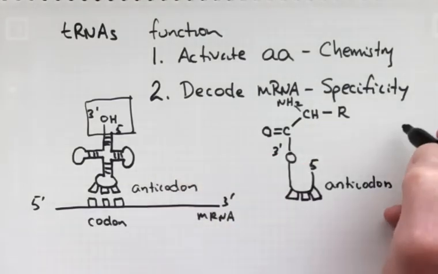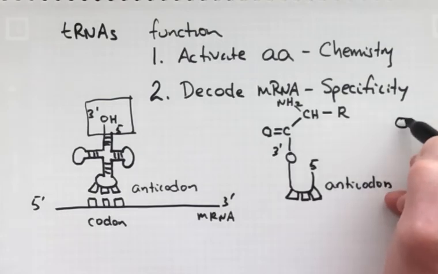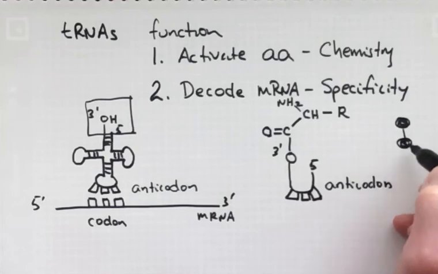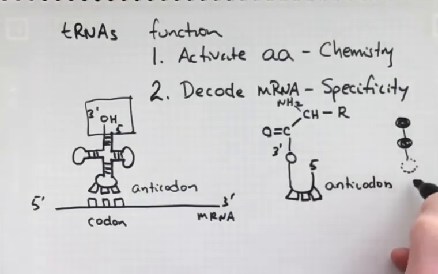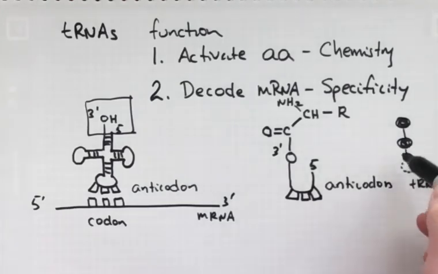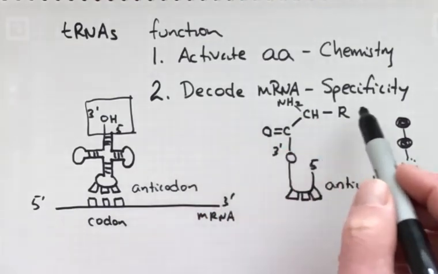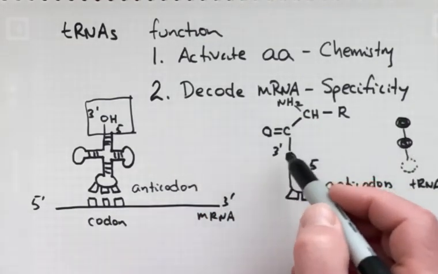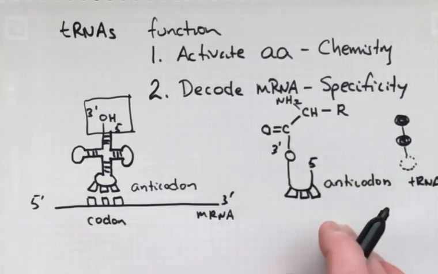And then finally, you can also represent the tRNA just as these dots in the genetic code with dots. So this is also a tRNA, emphasizing the decoding function of the tRNA as opposed to the chemical function of the tRNA.